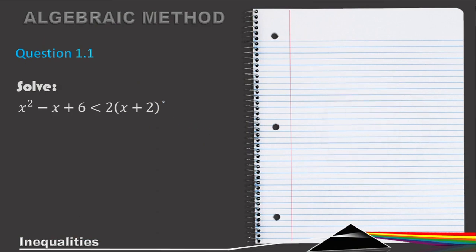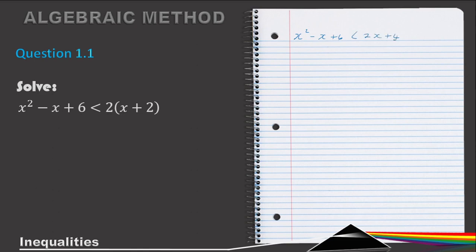Okay, now if you recall, this was just the first example we did when we used the graphical method, not the algebraic method. So now let's look at how to do it using the algebraic method. First of all, we once again must put it in standard form. That's always the first step.